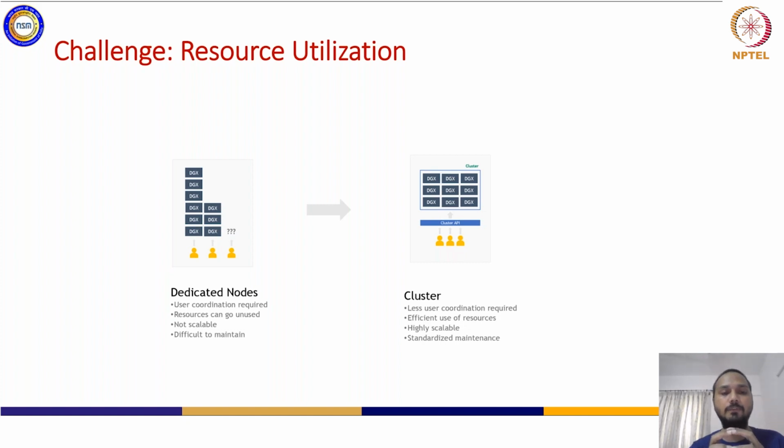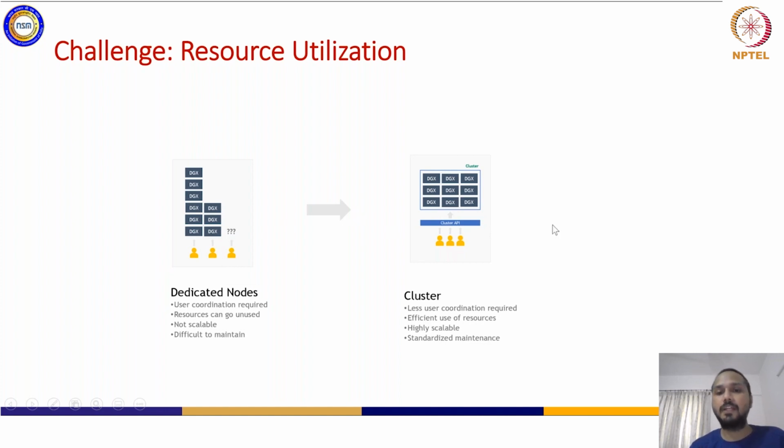Generally, in an environment like colleges or any other centers, you would not get a dedicated node. The users need to coordinate among themselves, and there might be a case where resources go unused if the coordination is not proper. It's not a scalable model, and it is very difficult to maintain. You can't just keep on adding machines and expect everyone to talk to each other and schedule their jobs.